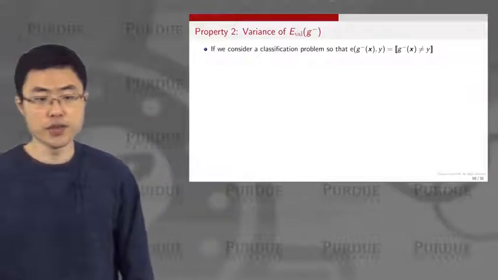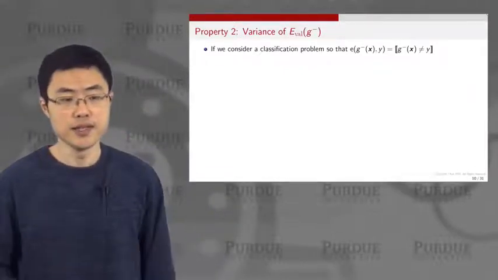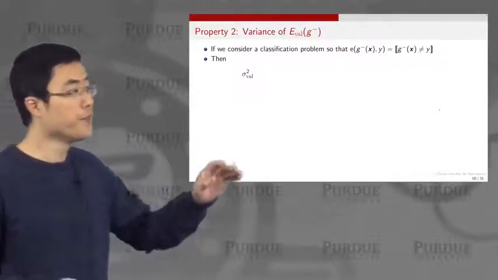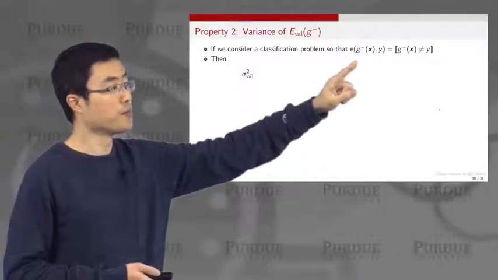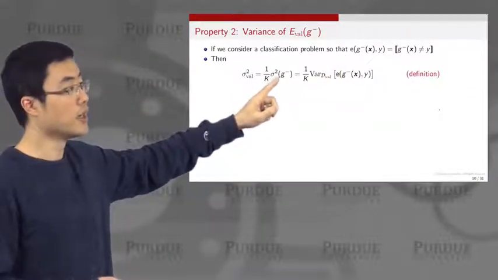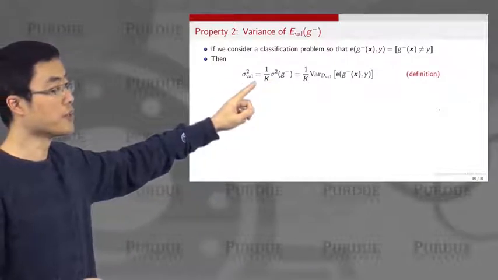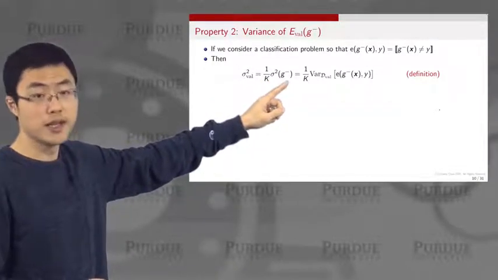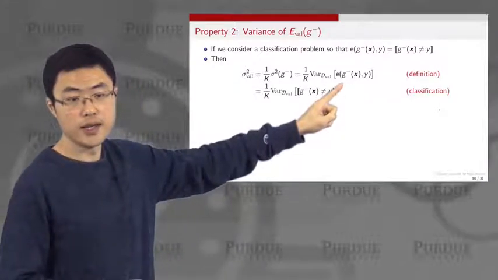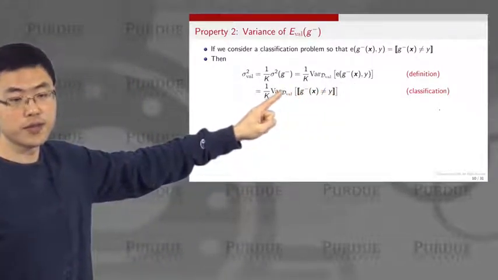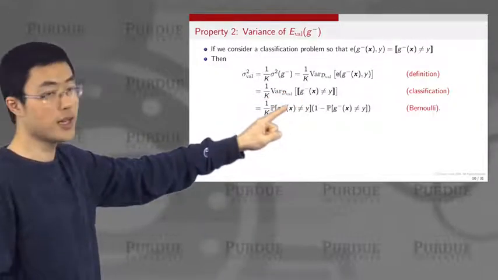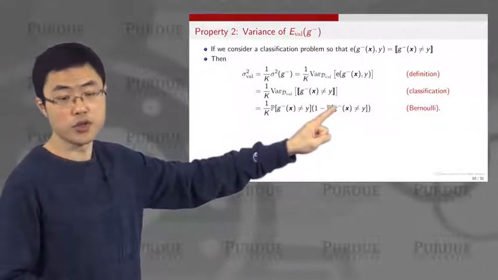So now let's do some additional calculation trying to bound the sigma square. If the pointwise error is defined for classification, then you can show that the variance is 1 over K times sigma square of G minus, and that is just the variance of this pointwise error. Let's put the definition of the pointwise error into this equation. Then you have this indicator function, which is either 1 or 0.